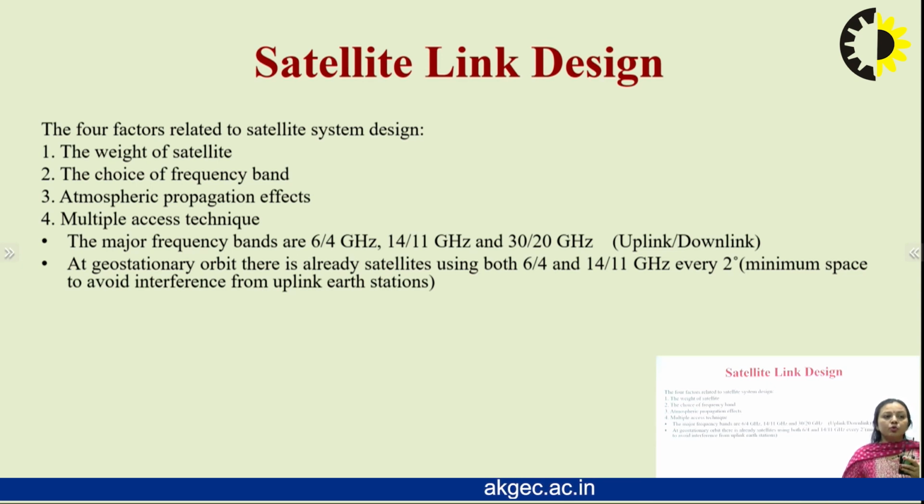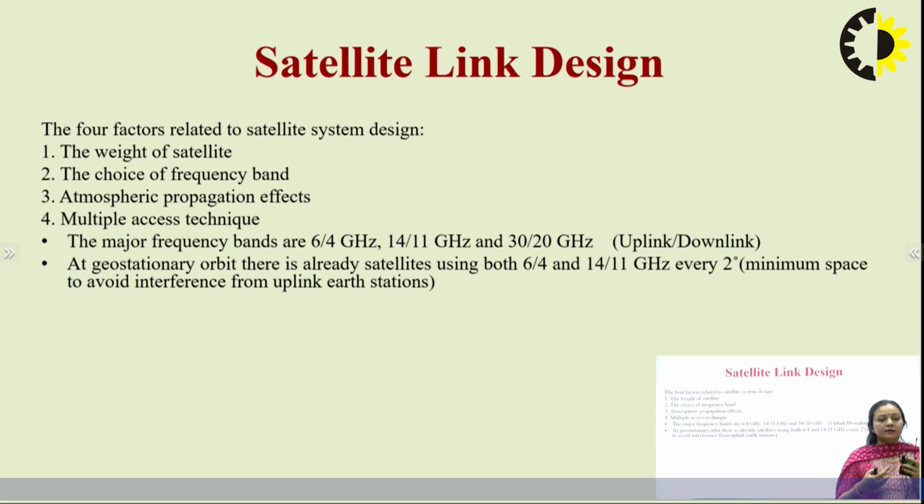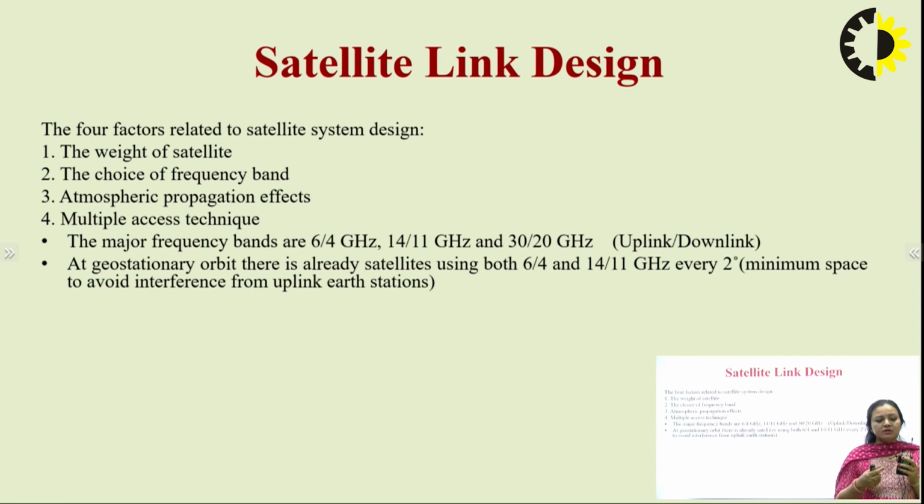Now there are 4 factors related to satellite system design. The first thing is the weight of a satellite. Your application will define the weight of the satellite. For example, if you want a satellite which generally has a camera on it, you just want to click pictures of a particular land area.